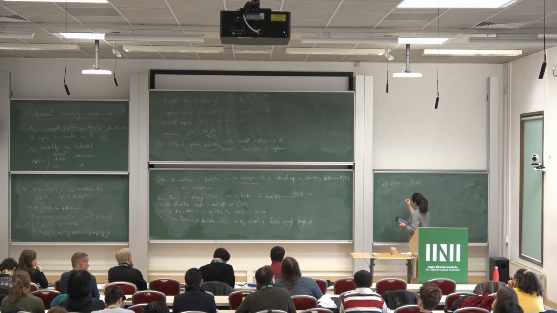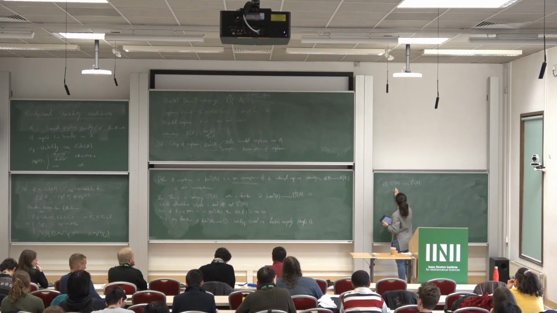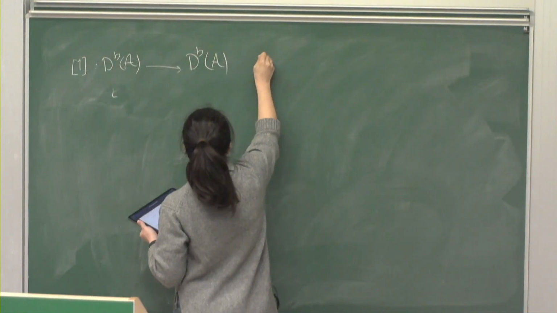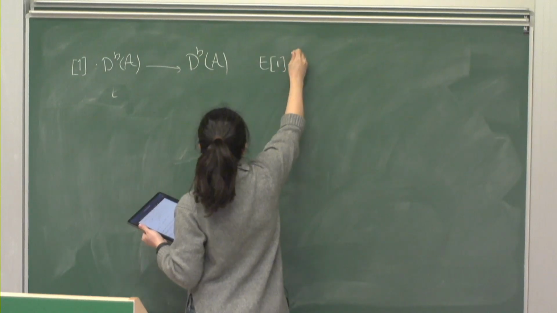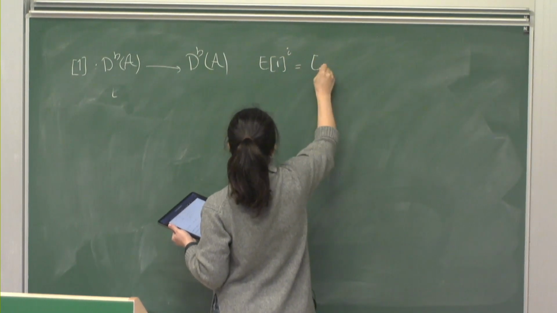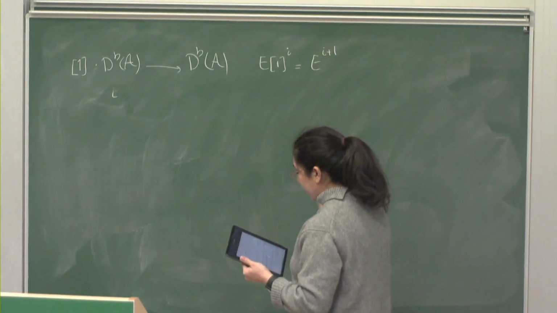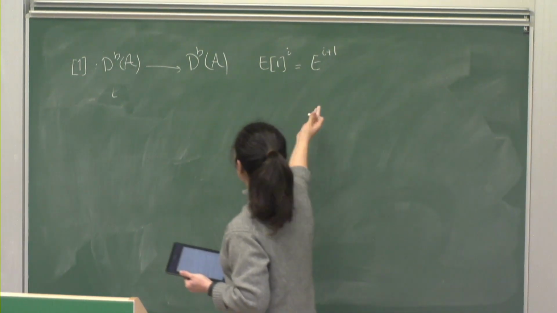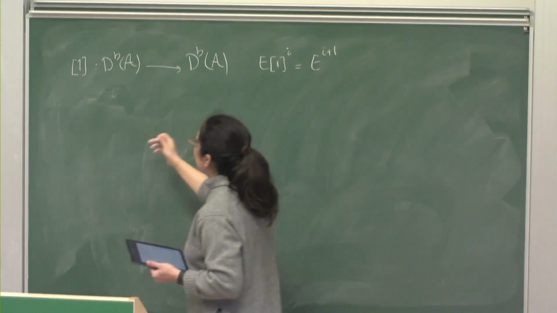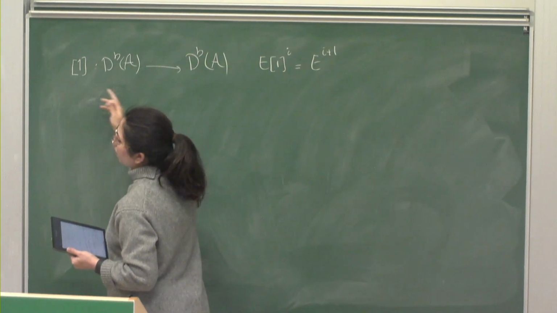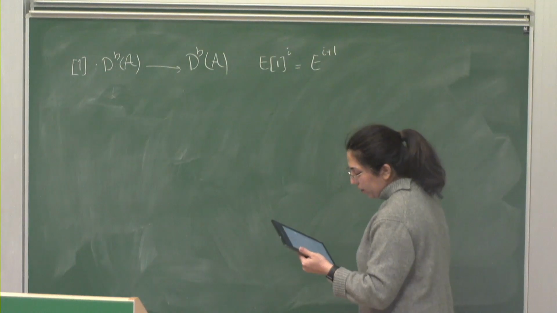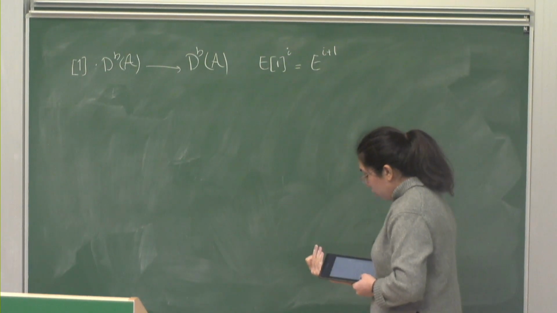If I start with a complex E^•, then E^• shifted by 1 at degree i is equal to E at degree i+1. So basically, I just change the grading of any complex, and composition is just shift by n. This is the only functor that I'm going to use.